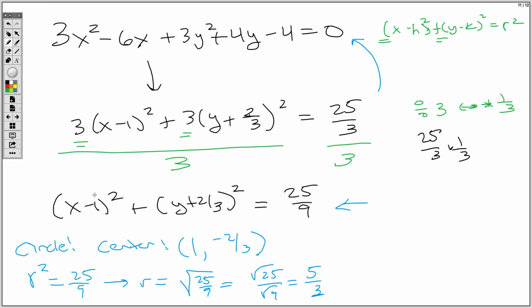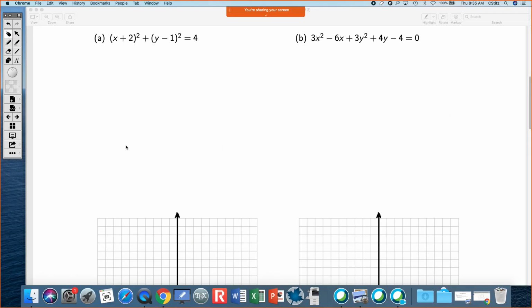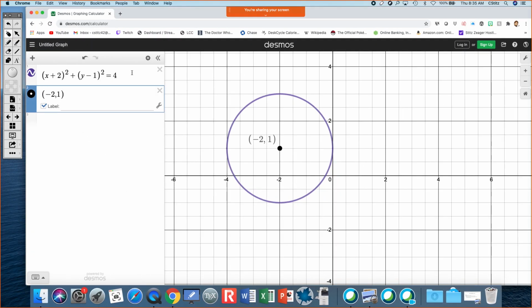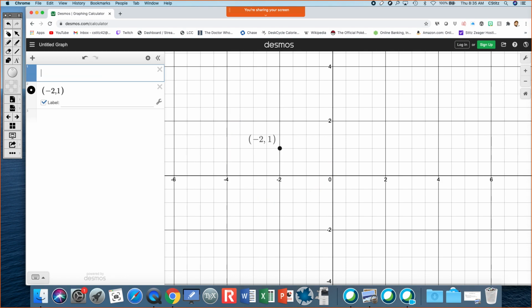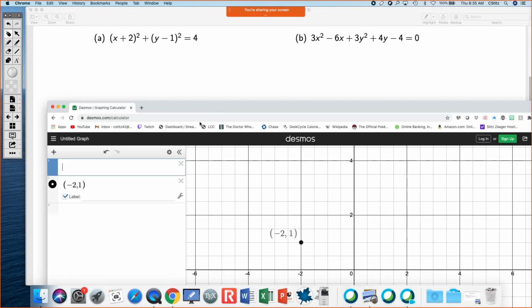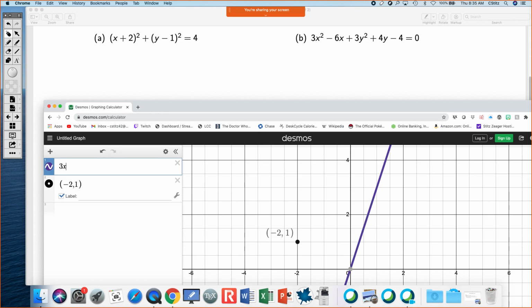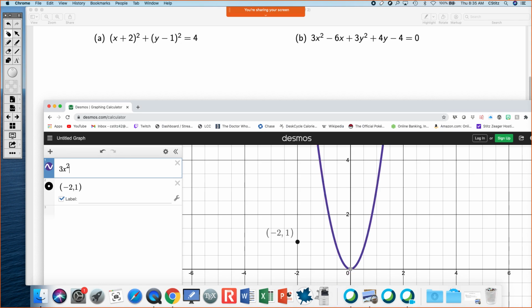All right, so we can check this out. See if we got it. We got it right here. You can go ahead and graph that equation, 3x squared minus 6x plus 3y squared plus 4y minus 4 equals 0.